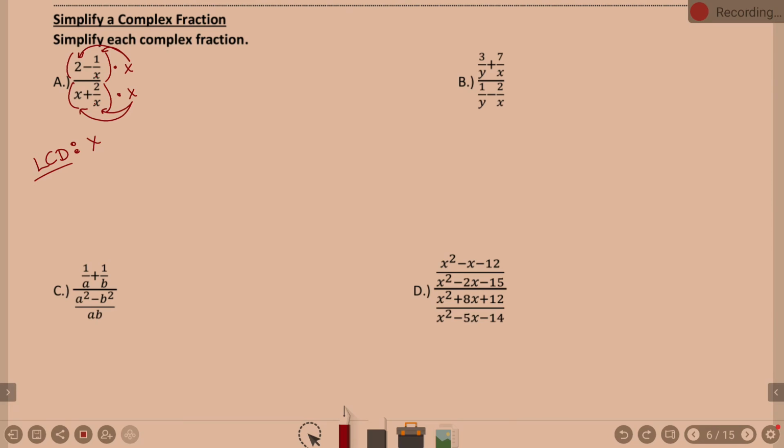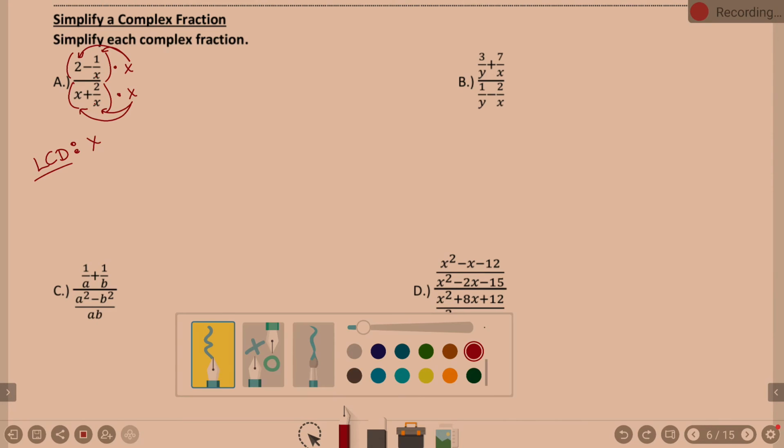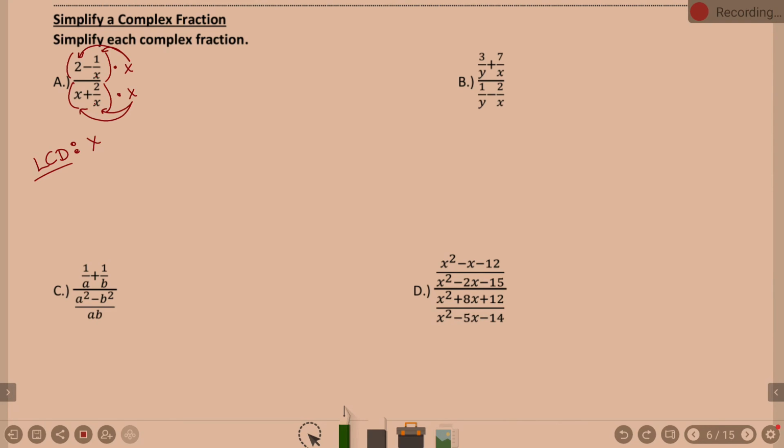Now, I think for visual help today, I'm going to do my normal and write it out the long way. In that, I'm going to write out this problem. The original problem was 2, I'm going to leave a space, minus 1 over x, x, leave a space, plus 2 over x.